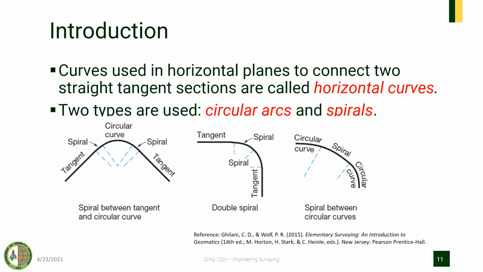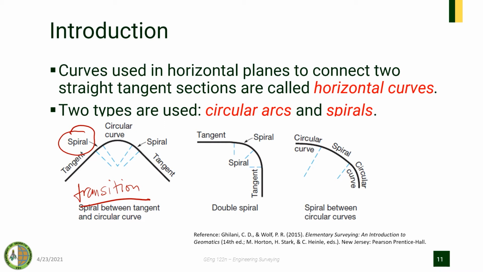For the spiral one, spiral is different from the circular arcs that we are mentioning. Why? Because spiral is sometimes denoted as the transition. Transition means that before we enter the circular curve, the spiral helps a smooth transition from straight line to curve.